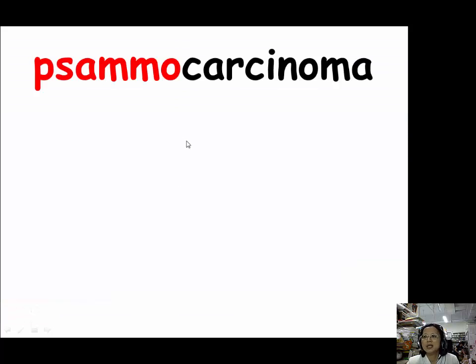Our example is psammocarcinoma. Psammocarcinoma is a rare, usually unilateral and low-grade neoplasm of post-menopausal females, which can arise from the peritoneum and the ovaries.